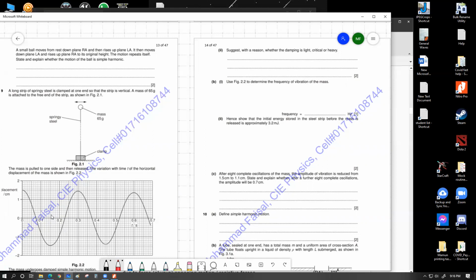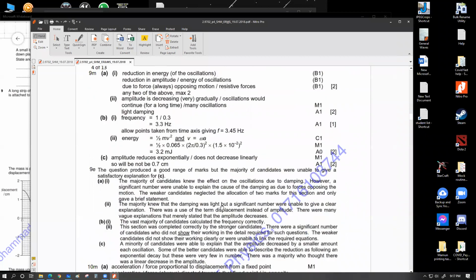So it is light damping, not critical or heavy damping. So I would write both of these things, that the amplitude is losing a small part over every oscillation, and it is not becoming completely stopped right away. But maybe you don't need both of these. If you have a look at the mark scheme, it's number 9.